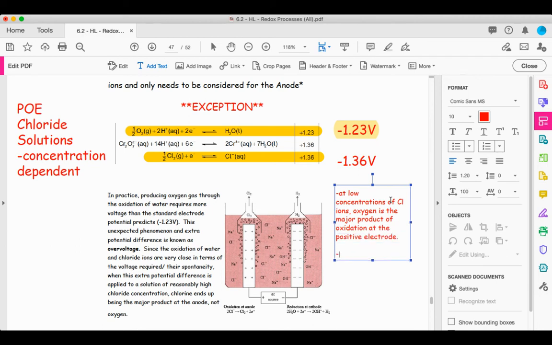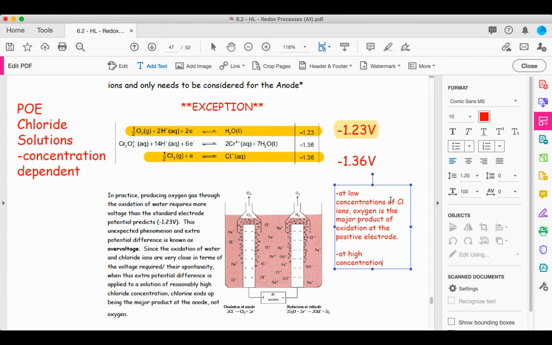The exception that you have to remember, that IB loves to ask about, and that you don't really have to explain, I'll give a brief, simple explanation that doesn't really get into why this exception occurs, it's actually quite a complex thing. But you just have to remember that it does occur. And so the exception is that at high concentrations, and I know it's like, well, what exactly does that mean?